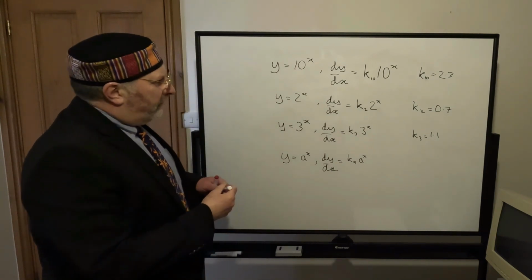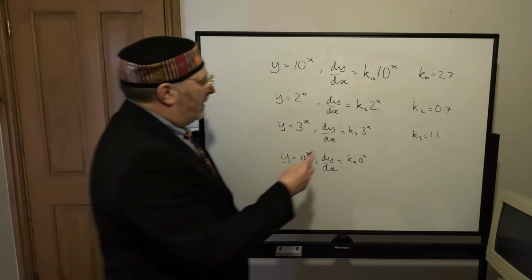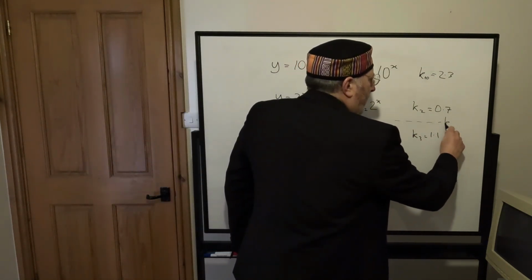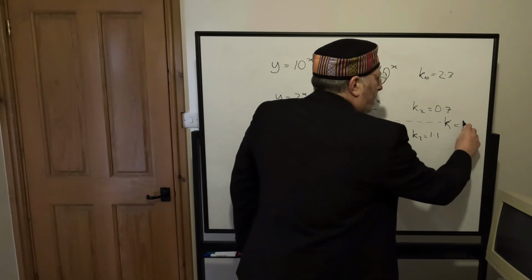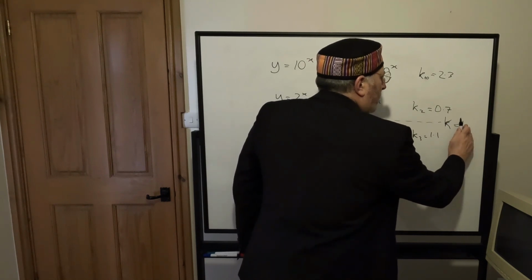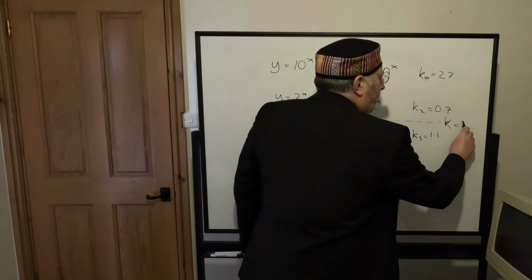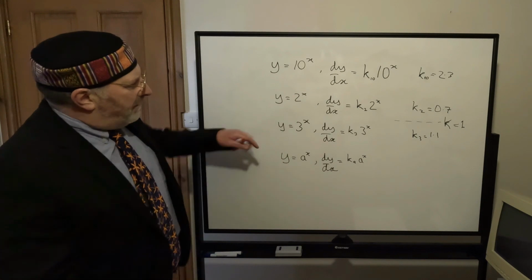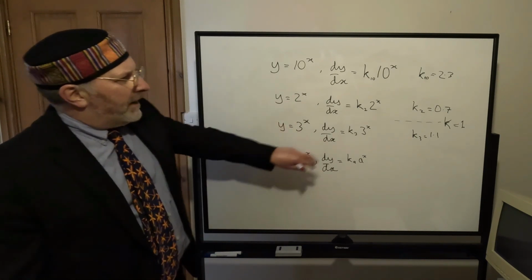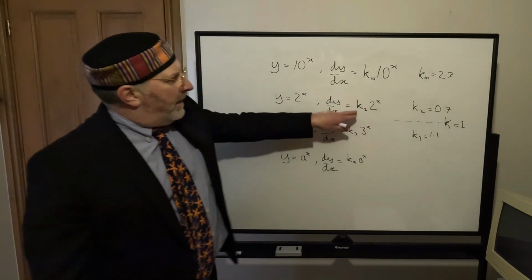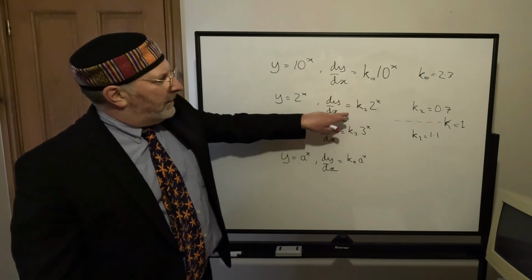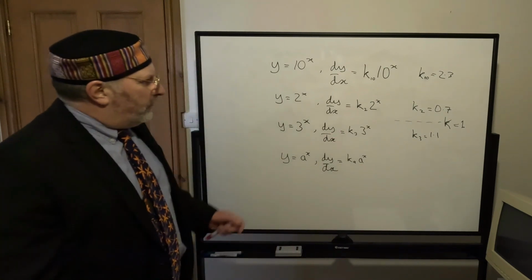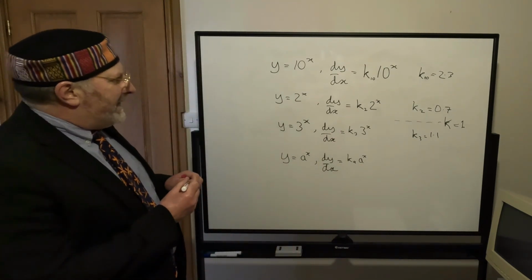And what that tells us is that somewhere between 2 and 3 there will be a k that equals precisely 1. So for some value of a between 2 and 3, the constant when we differentiate it is exactly 1. And we call that value of a e.